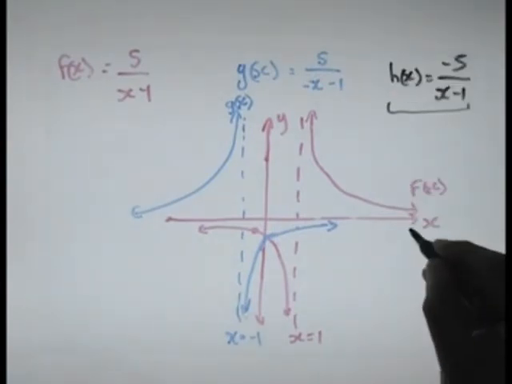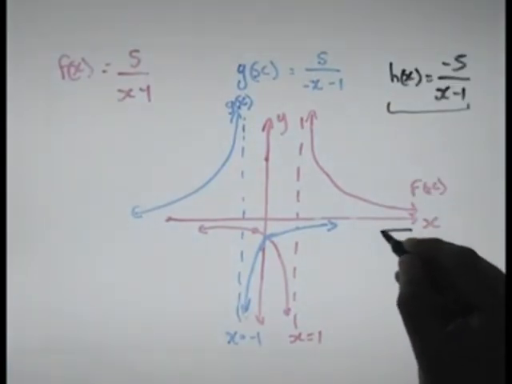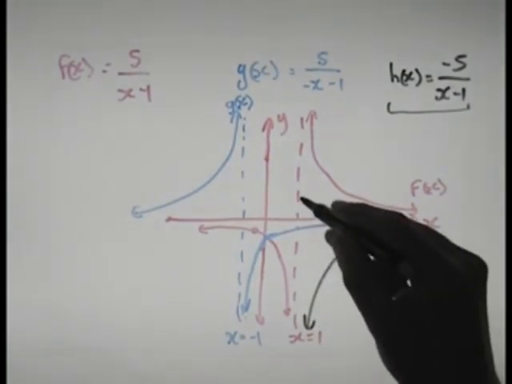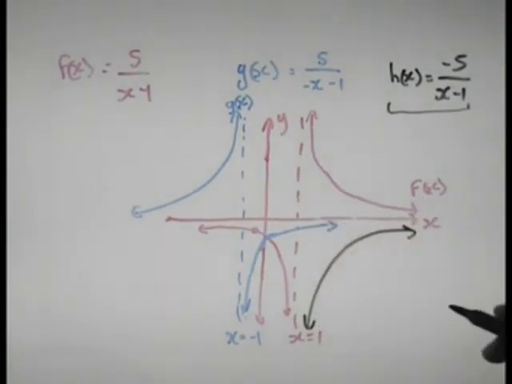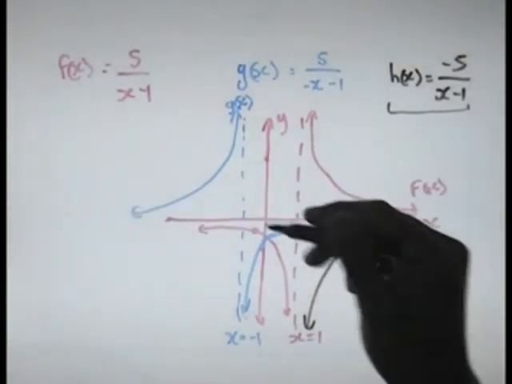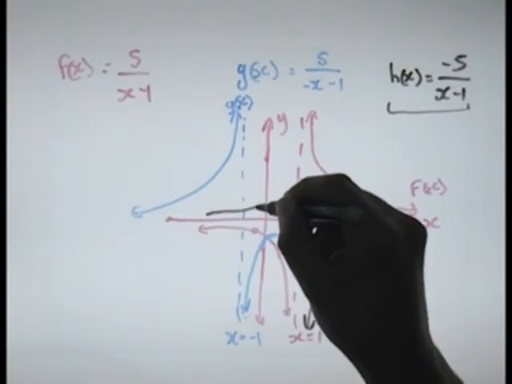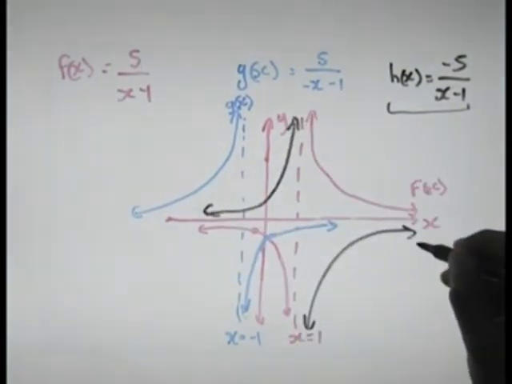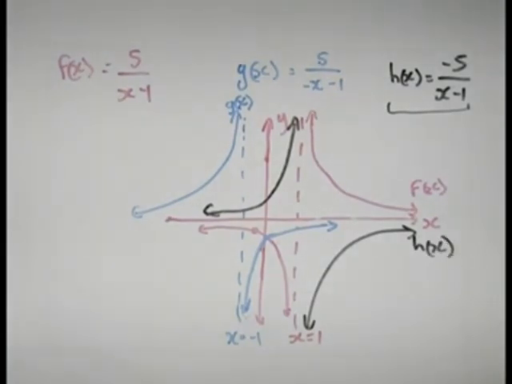About the x-axis means that our new graph still maintains the same asymptotes as the original graph, the red graph, except it's now been flipped about the x-axis, and that's the new graph h of x.